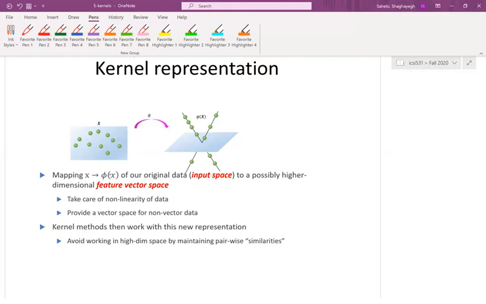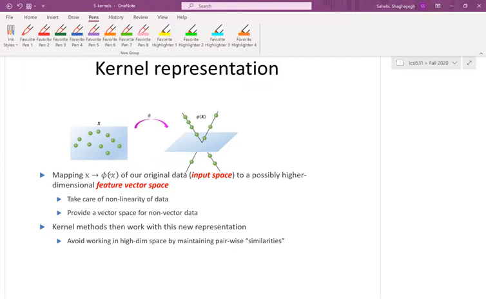Then when we map our data from this input space to a new, possibly high dimensional feature vector space, we basically can use our linear tools in this new feature vector space, on which phi of X is defined, and our data is going to be represented with linear relations.